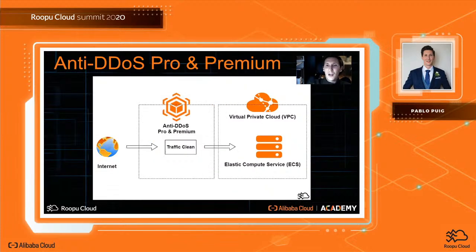On the other hand, the Anti-DDoS Pro and Anti-DDoS Premium are different. They are designed for enterprises who deploy their resources on Alibaba Cloud by using the Massive Traffic Scrubbing Center, protecting the resources of Alibaba Cloud.